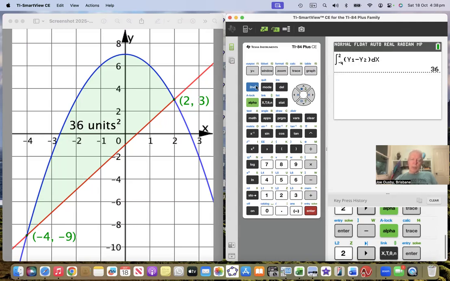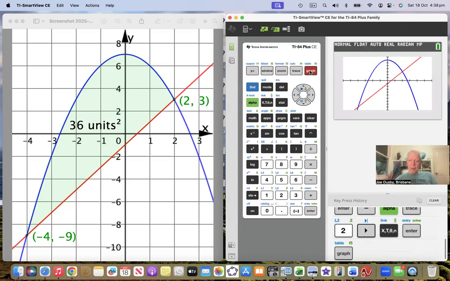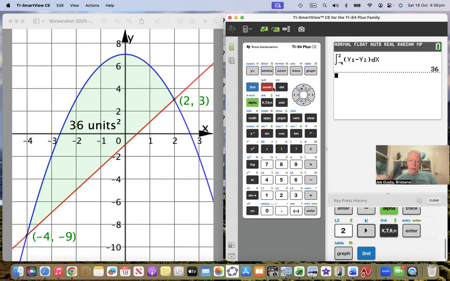Now, what is there to do with this? It's probably useful if we go back just to clarify a few things. If we were to do the integration from -4 to 2 of y1 just by itself, it comes out as 18.